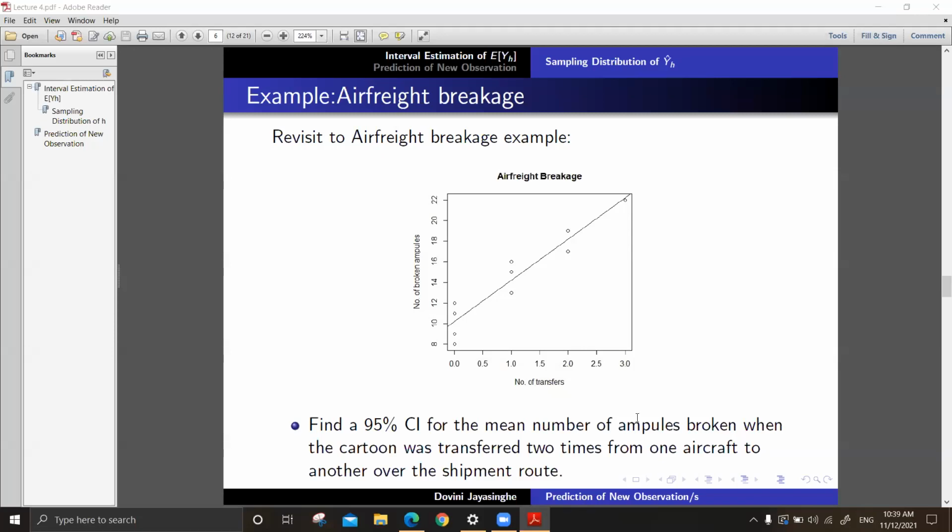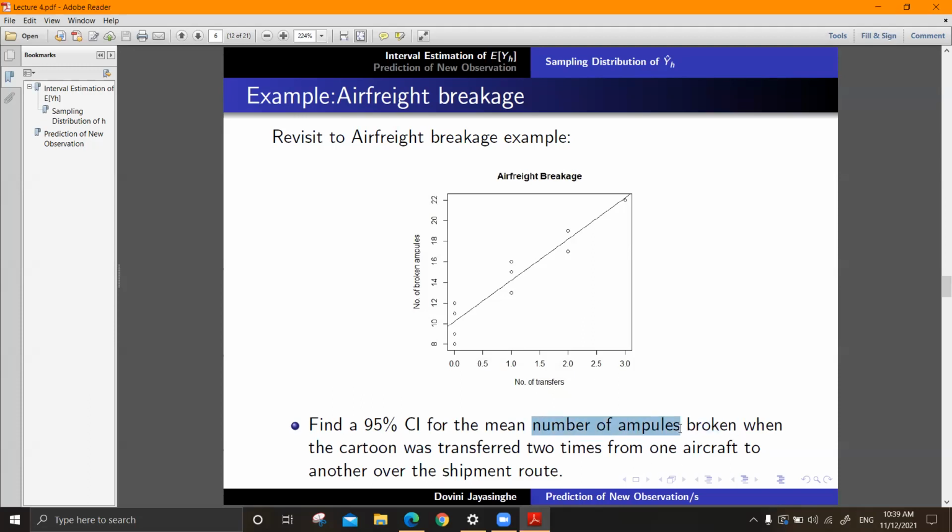Just because no one gave me a response, I think the issue is that you cannot understand the question. If I recall, the air freight breakage example had 2 variables, right? The response variable, or the Y variable, is the number of ampules broken when the carton was transferred from one aircraft to another over the shipment route.